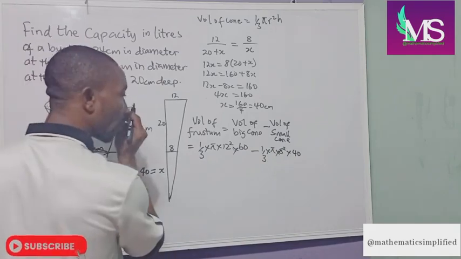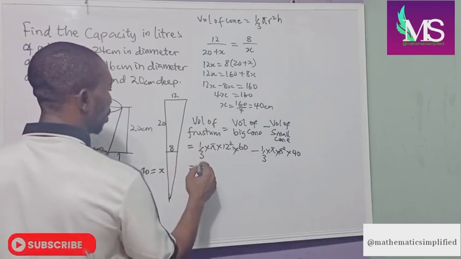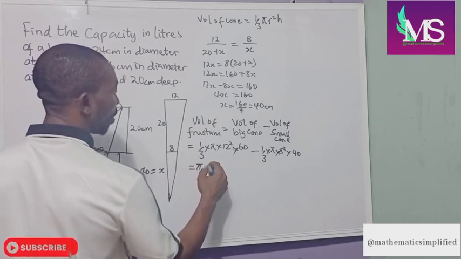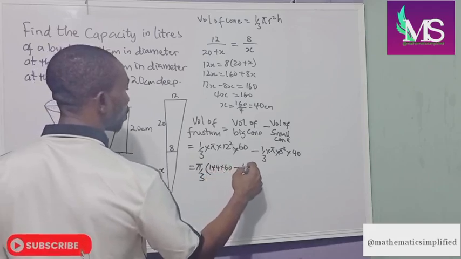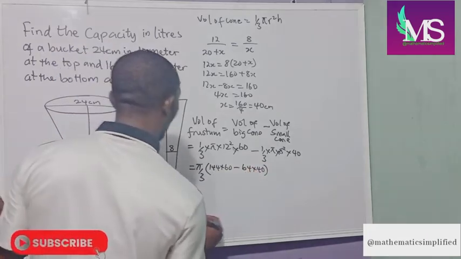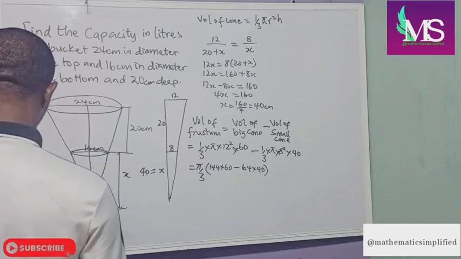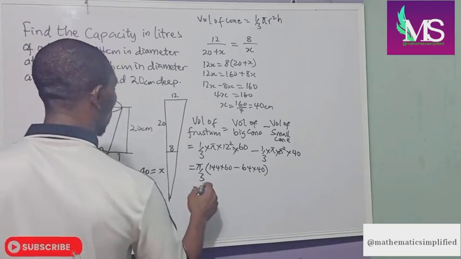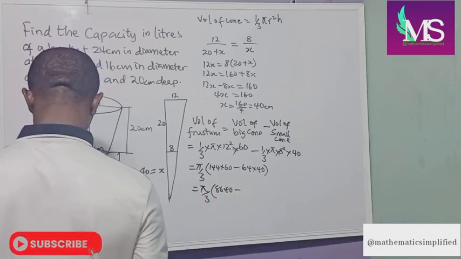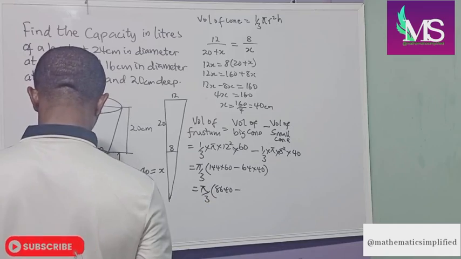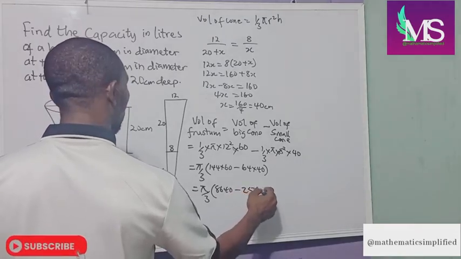Okay, so now from here, if we factorize this, we have pi over 3 bracket 144 times 60 minus 64 times 40. So 144 times 60 will give us 8640 minus 64 times 40 will give us 2560.